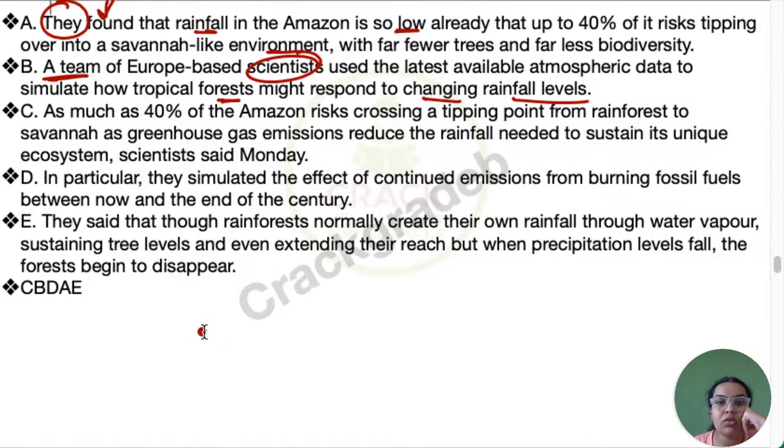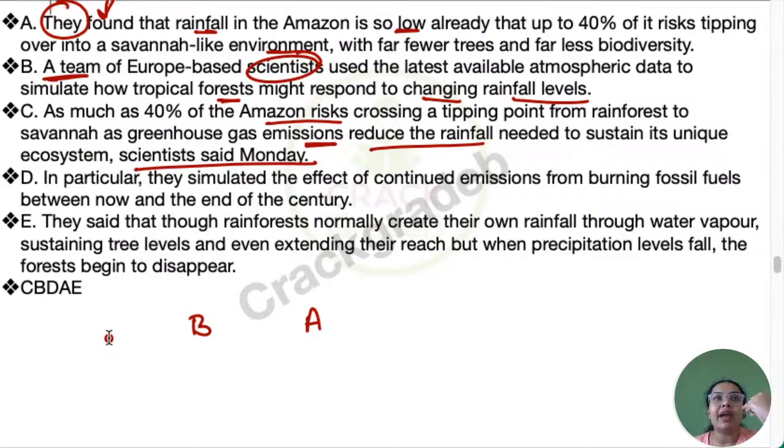It is found later. So one thing is for sure, wherever B is, A has to come after it, immediately after or somewhere later, but after it. Finding will always be later. As much as 40% of the Amazon risks crossing a tipping point from rainforest to savanna. The emissions reduce the rainfall needed to sustain its unique ecosystem, scientists said Monday.